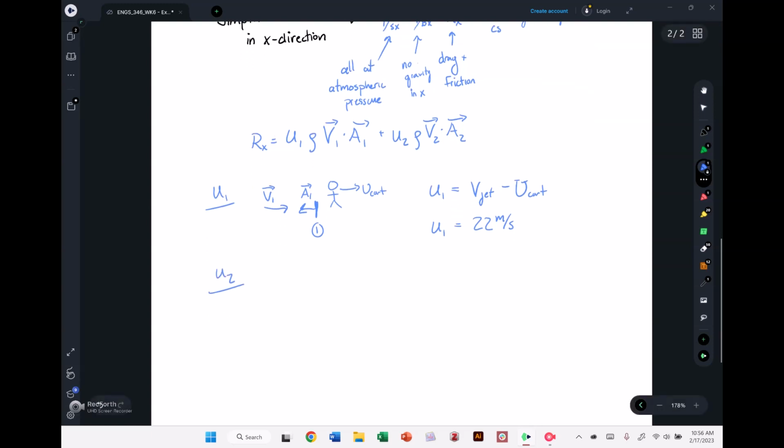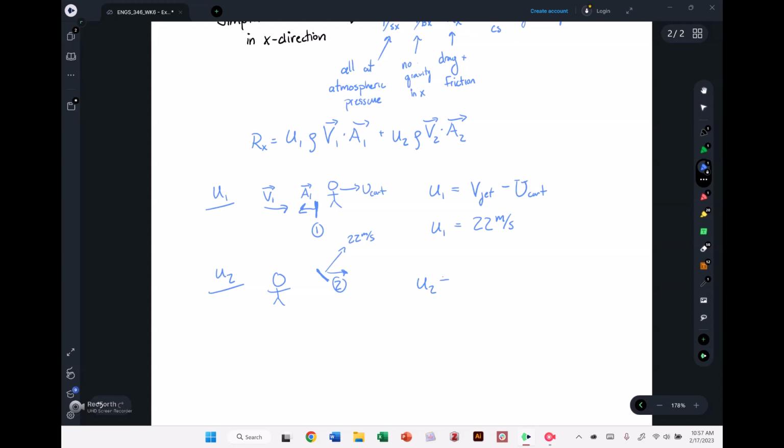All right, U2. Now we are looking at, so we're still here. This is now at an angle. So it's still going 22 meters per second, but the x component is now this smaller part.